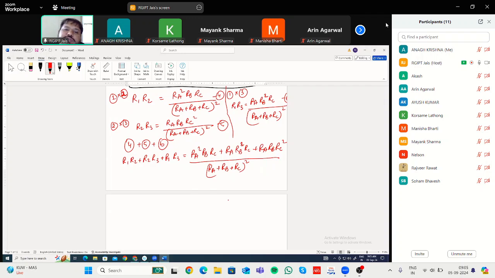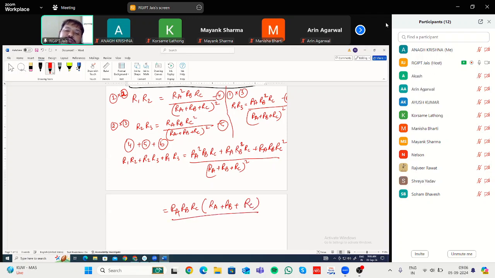Now from the numerator you can take RA RB RC common. If you take RA RB RC out of the first term, what will be left? One RA will be left, because RA square was there. In the second term, one RB will be left. Similarly, in the last term, one RC will be left.